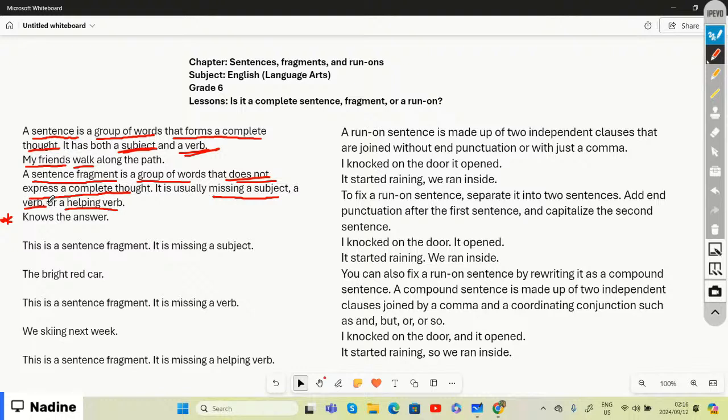There we have our verb, which is knows. But now the question is, who knows the answer? Since we don't have that answer, it means that it is missing a subject. There is no person or thing that they're talking about. So it is missing a subject.